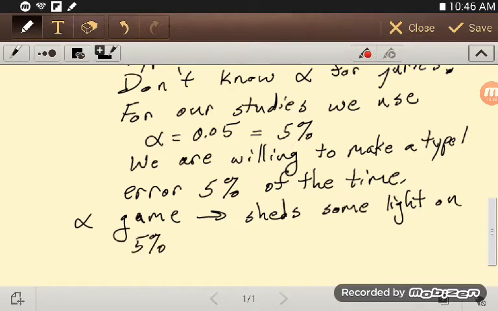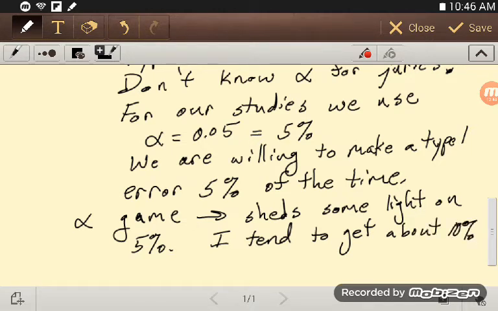Now, it's interesting, when I play that game, I tend to get about 10%. So in a sense, I'm willing to make an error 10% of the time.